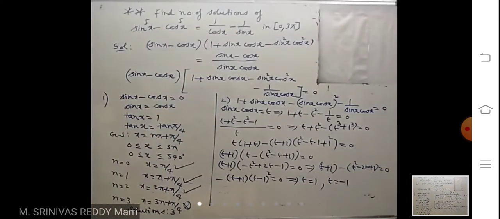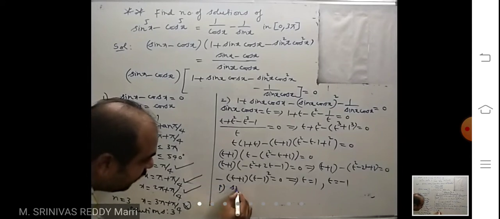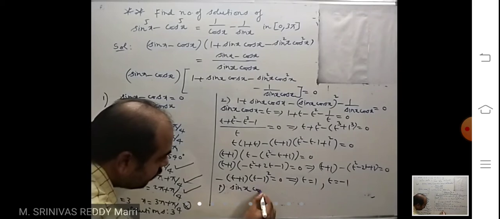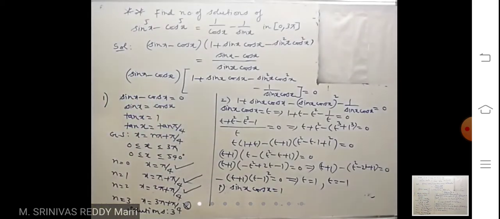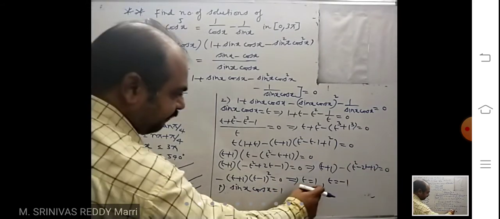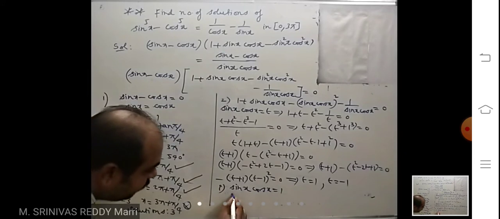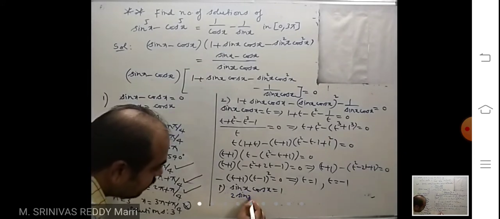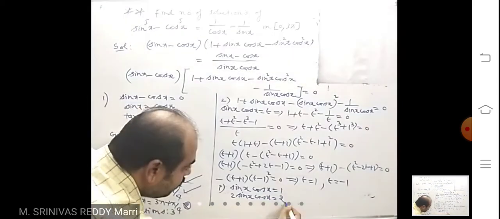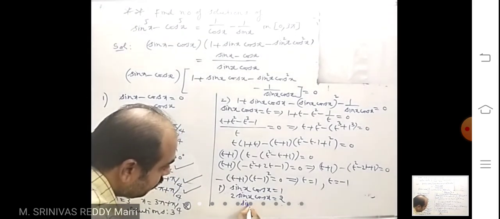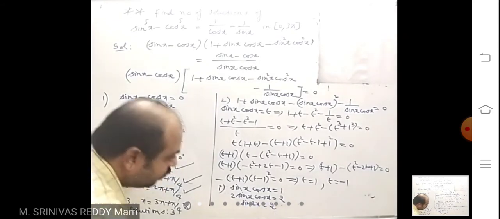Now, what is the t value? First case, t equal to 1, that means sin x cos x equal to 1. Multiply with 2 on both sides: sin 2x equal to 2.